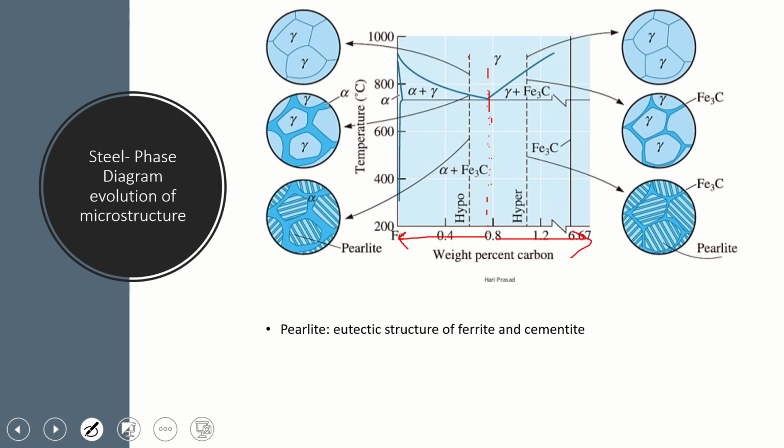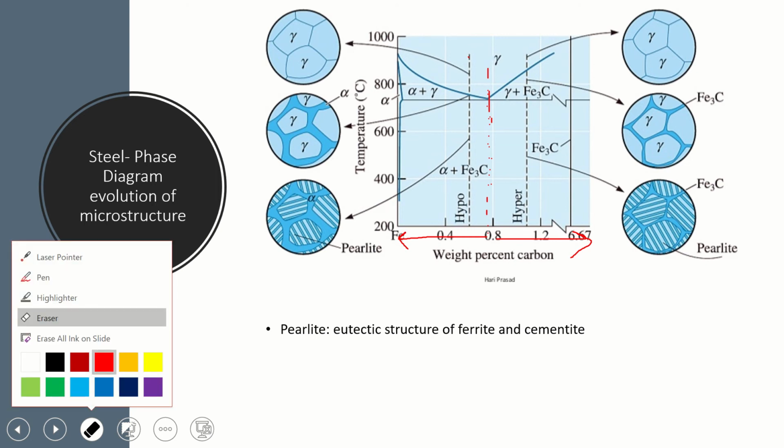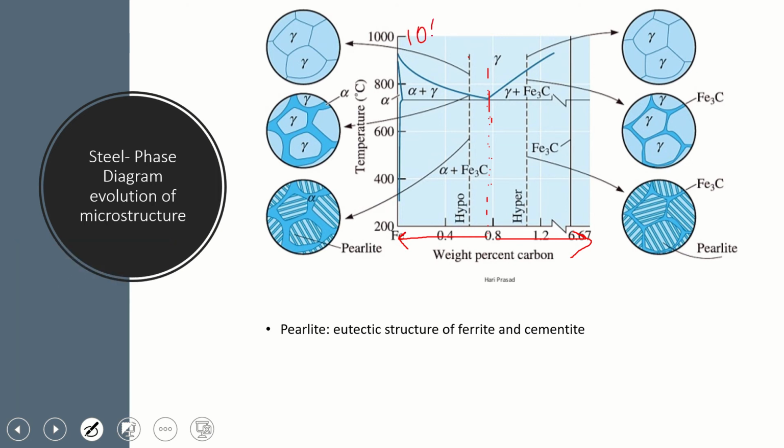In the hypoeutectoid area, it is going from 100% austenite to alpha plus austenite, and later alpha, which is also called ferrite, plus cementite.